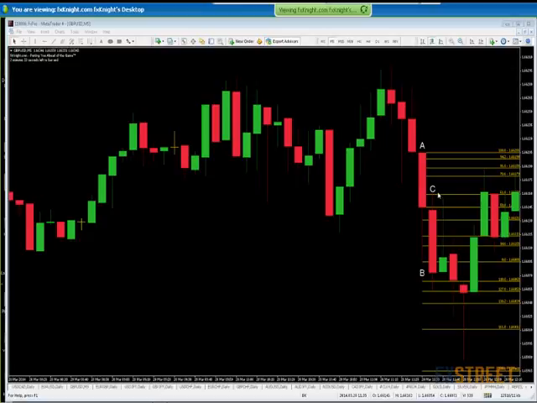And the way I figure out padding is this, very simple. I take the length of the most recent wick that would go against me. So I'm trading down. I take the most recent up wick. In this case, there is none.